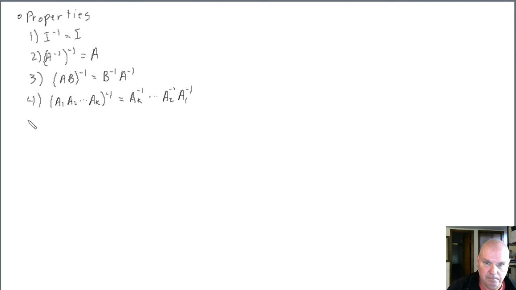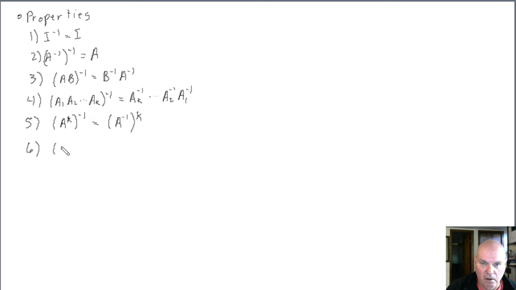The inverse of a matrix to the kth power, so this would represent the square or cube of a matrix, is equal to that same kth power of the inverse.